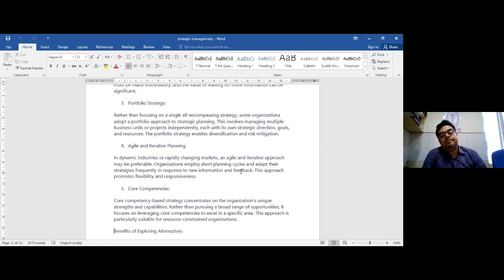It focuses on leveraging the core competencies that they have in order to excel in a specific area. This approach is also suitable for resource constrained organizations where resource constraints exist, and the way we can deal with the resource constraints that are present.